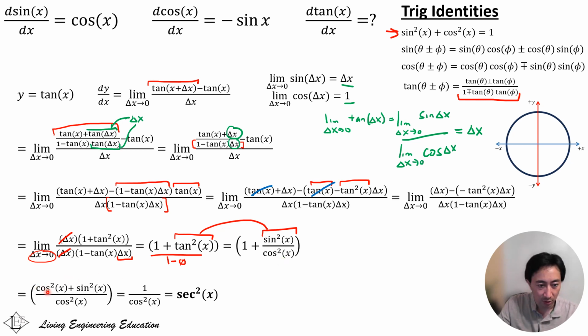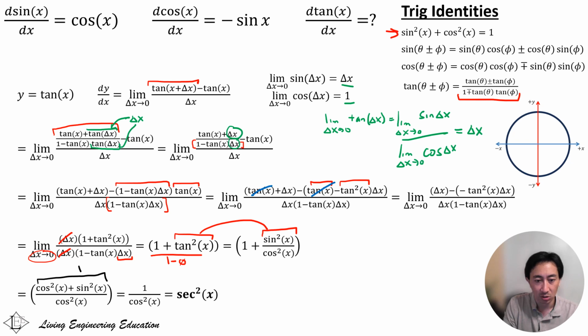So there I have it, sine squared plus cosine squared over cosine squared, by just making this a common denominator. And then I can use the identity that this numerator is equal to 1. So then we have 1 over cosine squared. And remember, 1 over cosine is equal to secant.